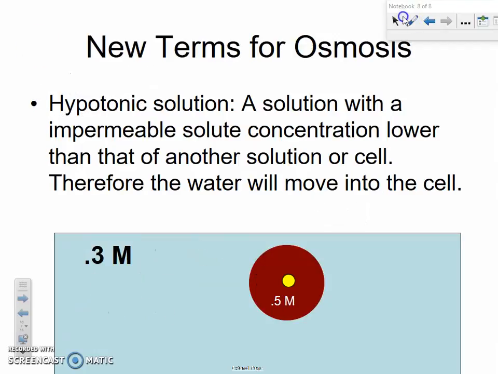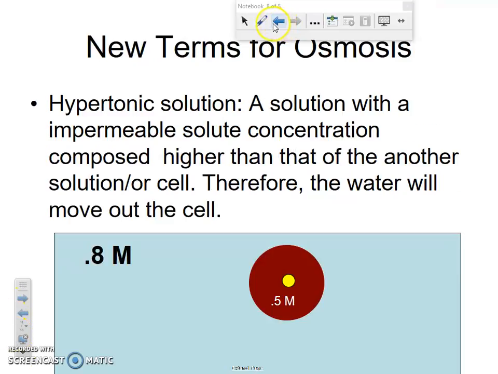So our next type of solution is known as a hypertonic solution. So hypertonic solutions are the reverse. They're solutions that have more stuff dissolved in it, or they have a higher concentration on the outside.